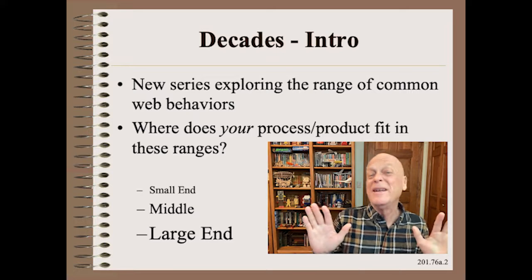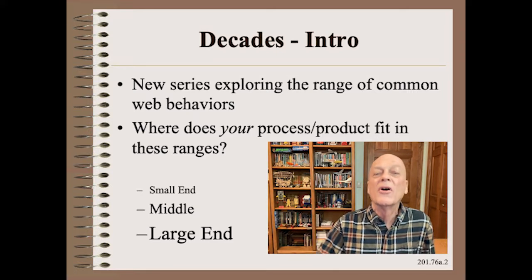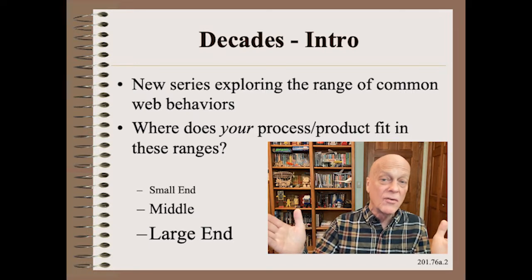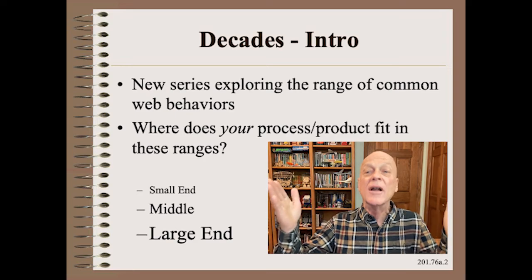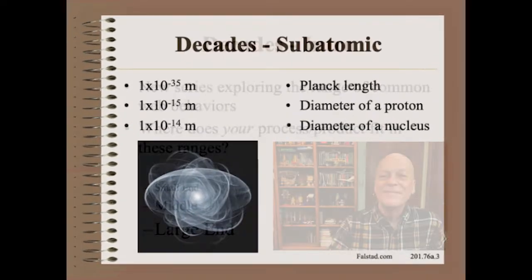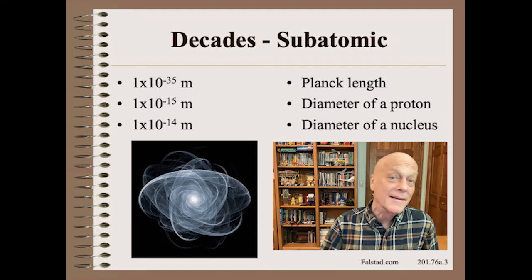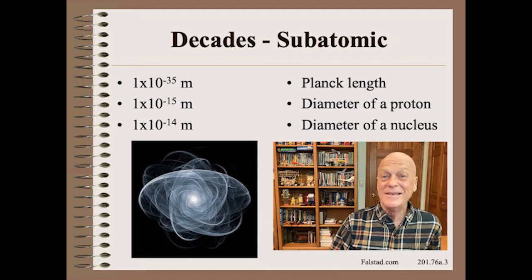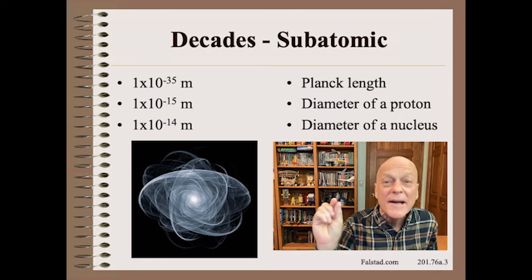However, before we dive into web handling, let's have a bit of fun exploring the wide range of lengths from the subatomic to the astronomic. Google knows everything. And Google tells me that there exists nothing, so far as we know, smaller than the Planck length.